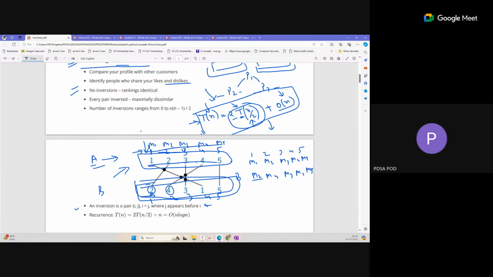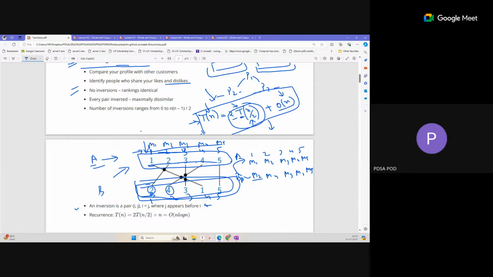First we will find out how similar this B ranking is to this A ranking. If it is more similar, then we can give preference to A based on that.